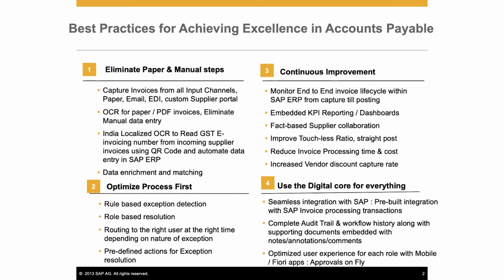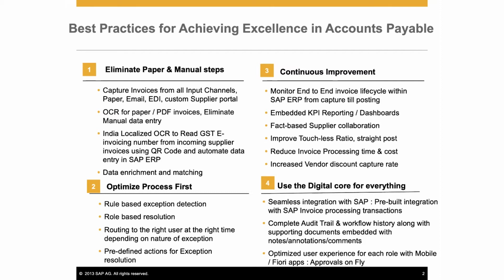The next phase is the India localized OCR. This is where we brought in the India localization, wherein you can read all the mandatory information from the incoming invoices, which could be at a header level or at a line item level, and it can also read the QR code based data as well, right? Which includes GST specific details.